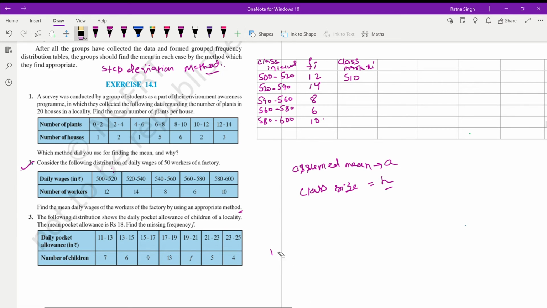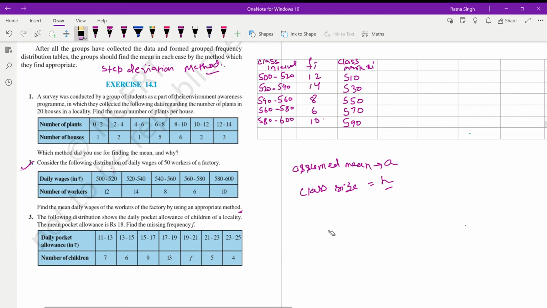Likewise for the second one it will be 520 plus 540, that is 1060, and when divided by 2 it is 530. For the next one it will be 550, for the third one 570, and for the last one it will be 590.